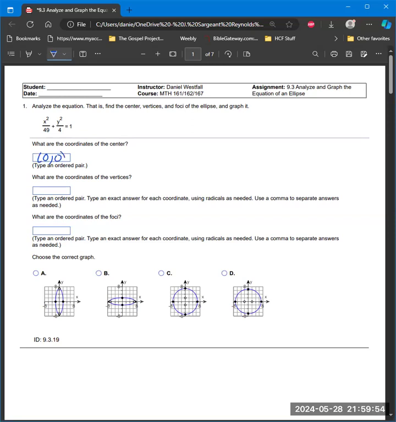Coordinates of the vertices, so that's going to be at the ends of the major axis. That goes in the x direction, so we're going to have -7, 0, comma 7, 0.